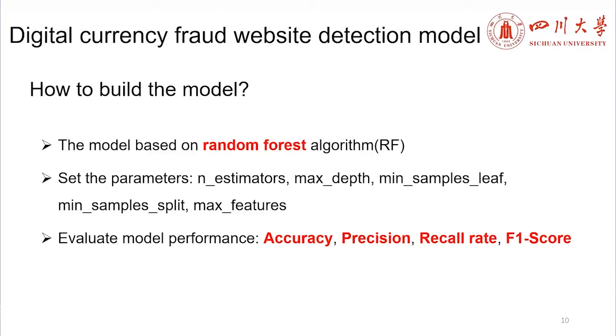To make the detection results reach the best, we set the parameters of the random forest: n_estimators, max_depth, min_samples_split, min_samples_leaf, max_features, and we use accuracy, precision, recall rate, and F1 score to evaluate the experimental results.